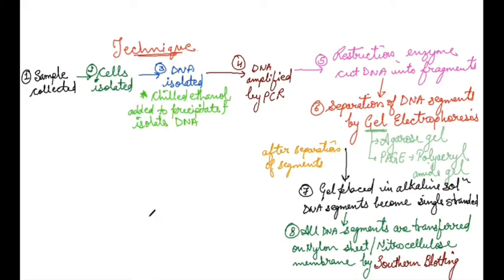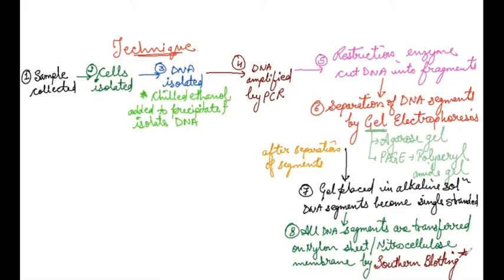Remember these points. These are important points which are asked directly in the exam. Southern blotting for DNA, Northern blotting for RNA, and Western blotting for proteins. There is no Eastern blotting. So basically we have these 3 blottings which we need to know.